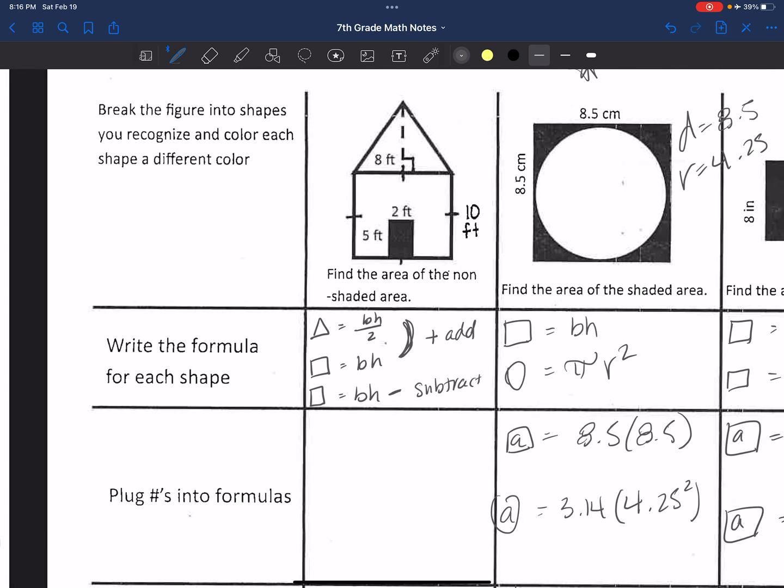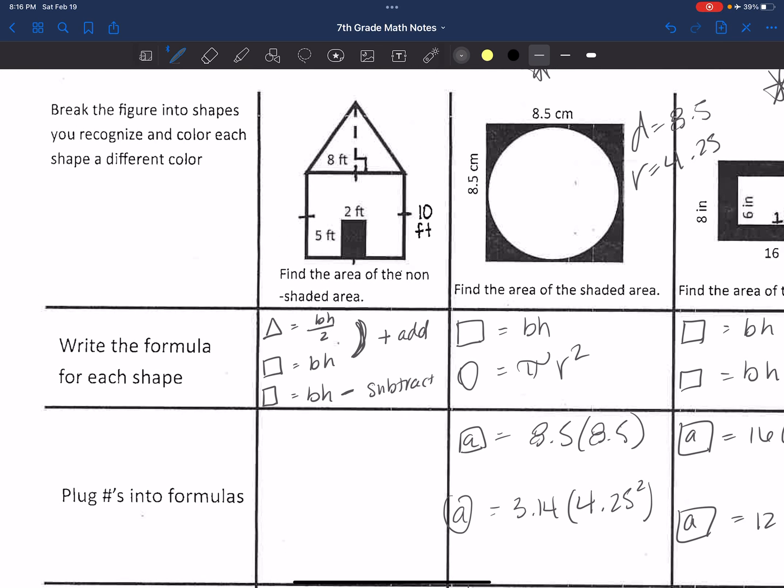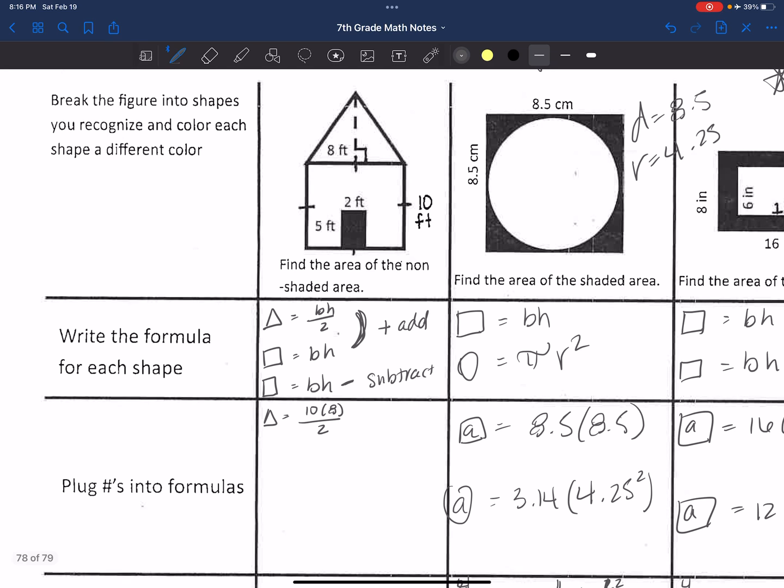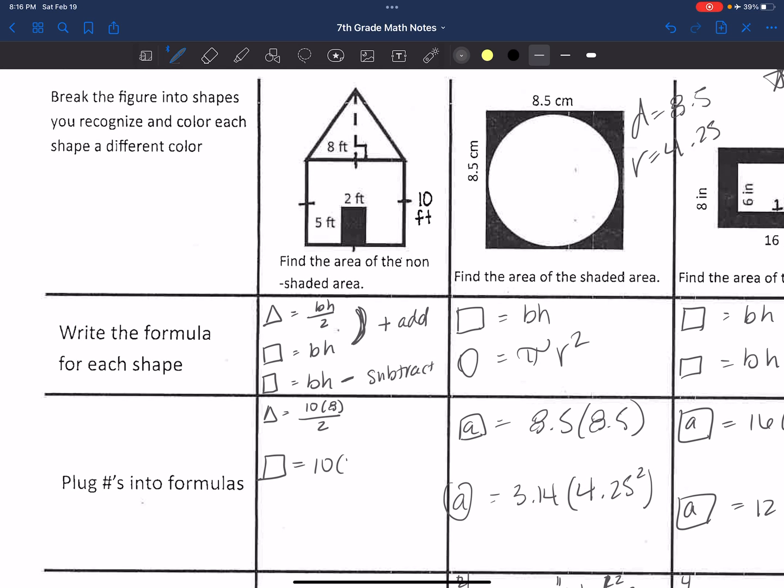So now let's plug the numbers into our formulas. So my triangle, my base and height, I see that my base is 10, my height is 8, divided by 2. For my base of my house, it is 10 by 10. That makes it easy. I know it's 10 by 10 because of the tick marks that are here. I mean, do we see those, like these guys?